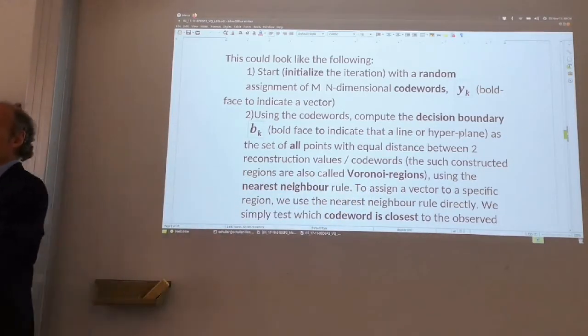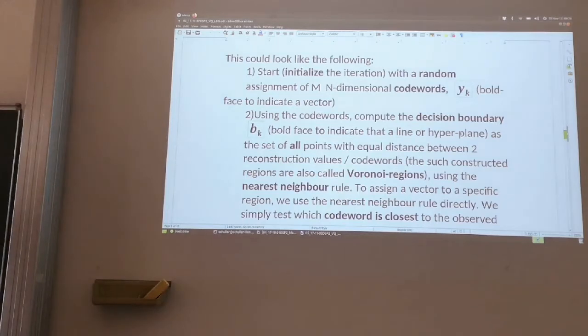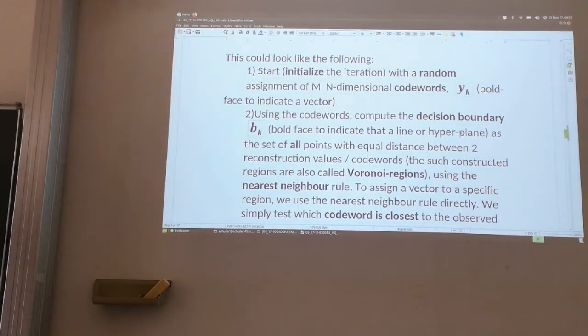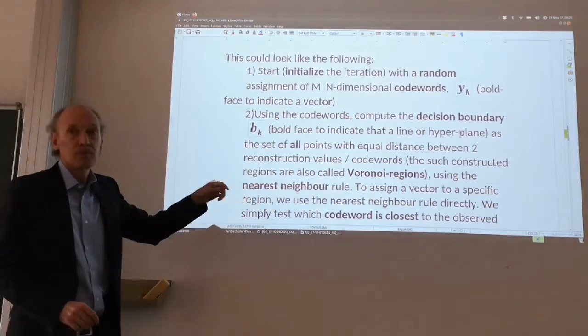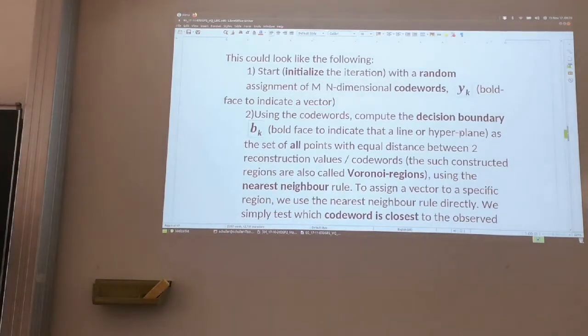So the region around each code word, which belongs to this code word, is called a Voronoi region, and this uses the nearest neighbor rule. Imagine you have kingdoms, and you have a king in the center, and then the kings divide their kingdom such that the borders are right in the middle between them.